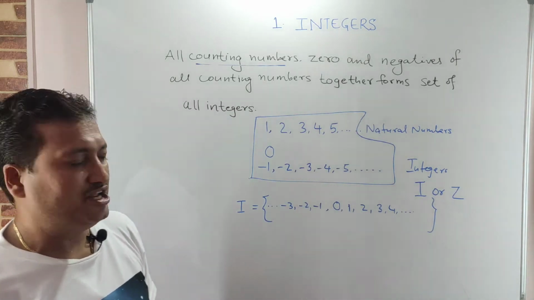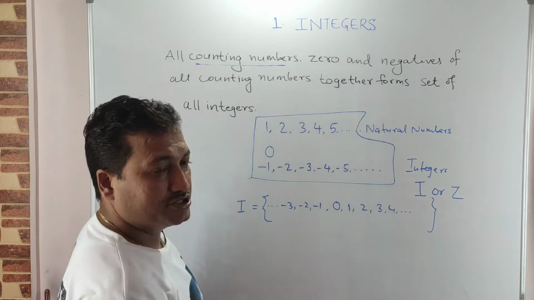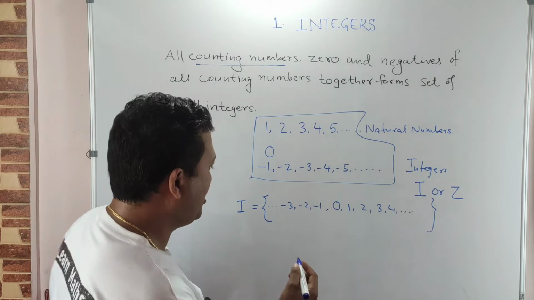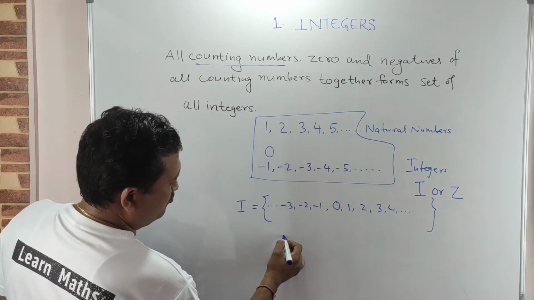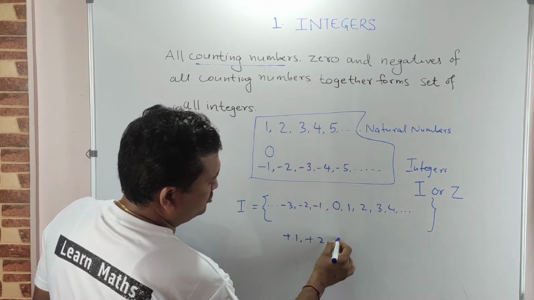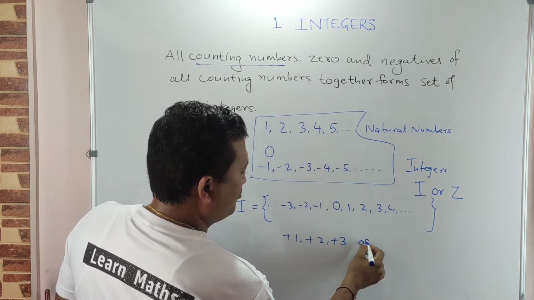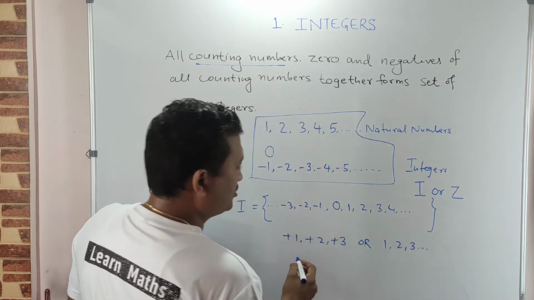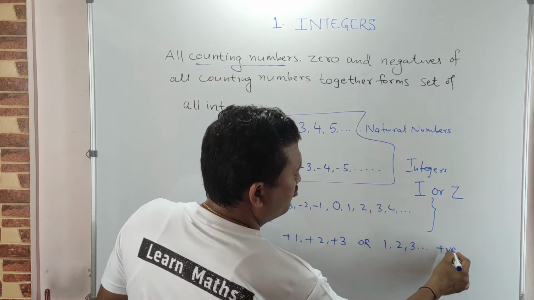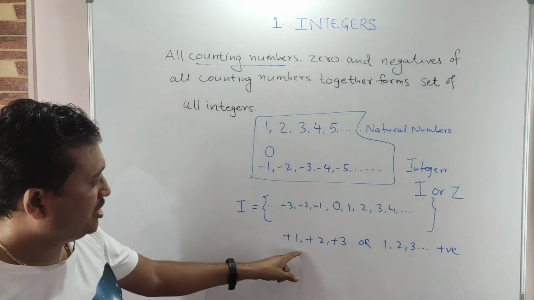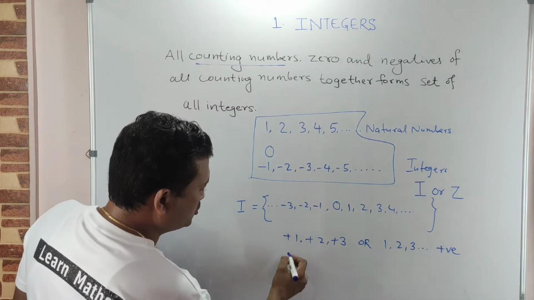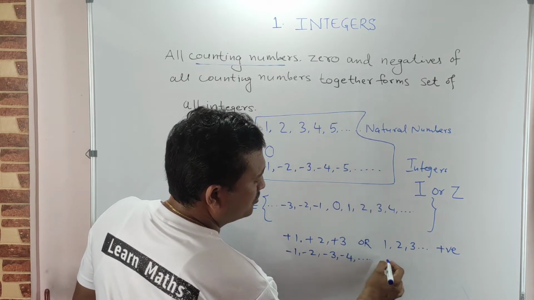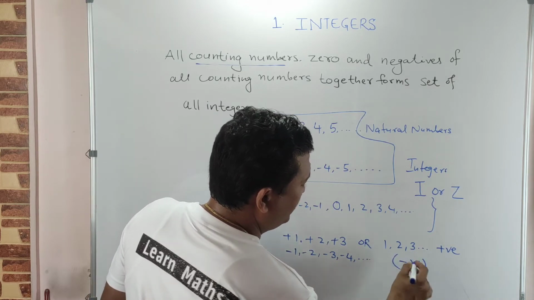So there are 3 types of integers. One is positive integers. 1, 2, 3, 4, 5 are called positive integers. +1, +2, +3, or you can write only 1, 2, 3 and so on, are examples of positive integers. -1, -2, -3, -4 and so on are examples of negative integers.